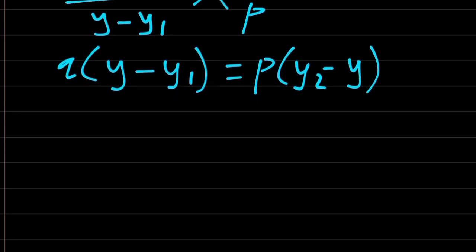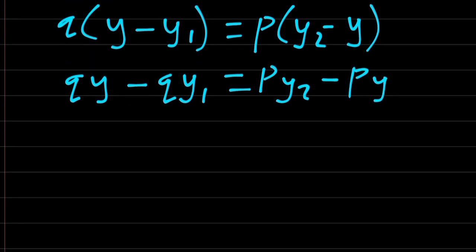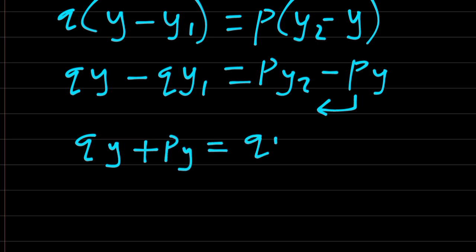Open the bracket, I have QY minus QY1 is equal to PY2 minus PY. Everything that contains Y, bring them together. So I have QY, this is going to the other side, it becomes plus PY is equal to QY1 plus PY2.